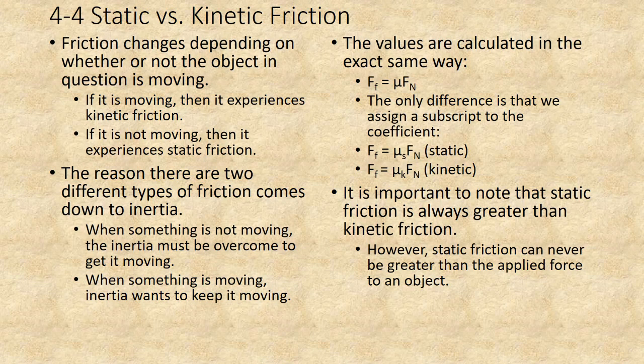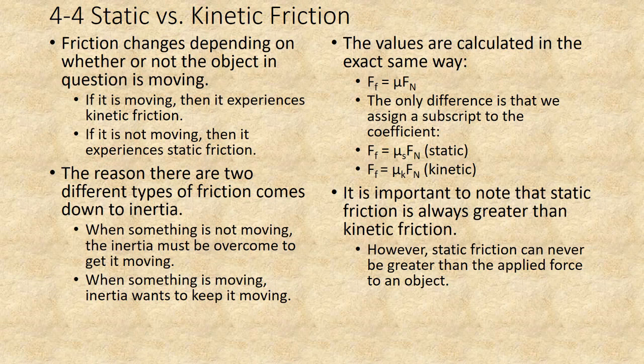Luckily, we calculate these with the exact same formula. Friction equals the coefficient times the normal force. The only difference is which subscript we give the coefficient of friction. An S if it's static, and a K if it's kinetic.